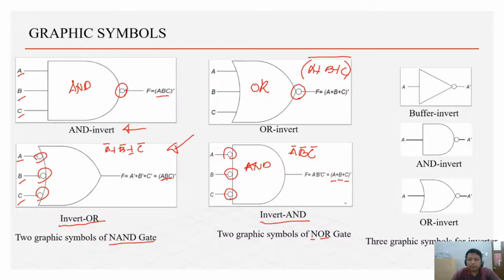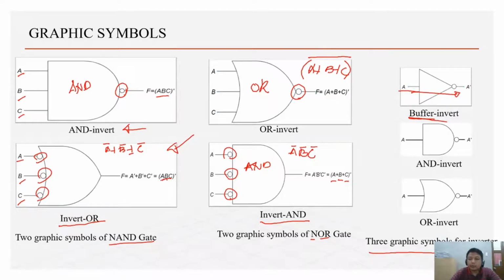And also we have here the three graphic symbols of an inverter. The first is a buffer. The function of the buffer is to amplify the signal from the input going to the output.